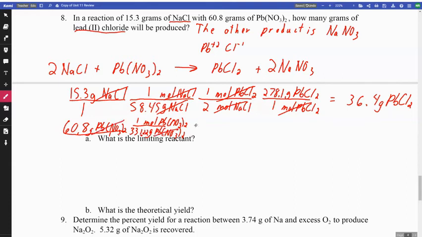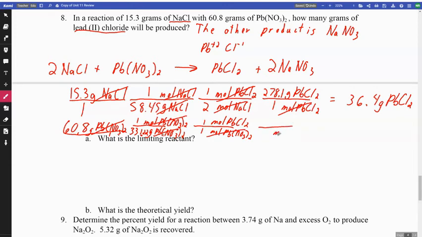Grams cancel out. We're left with moles. That's not where we want to be. So moles of Pb(NO3)2 on bottom. Moles of PbCl2 on top. Moles and moles, so that means that's our molar mass. So that's 1 and 1. Moles of that cancels out. Moles of this does not.